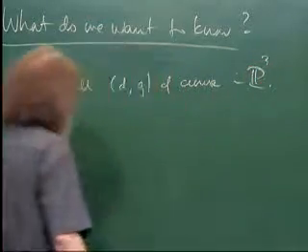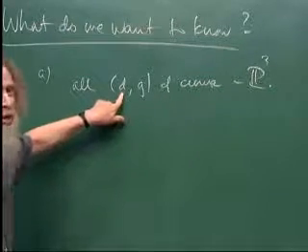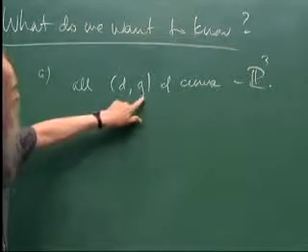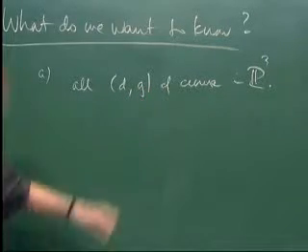What degree and genus are possible? Not all pairs are possible. For example, the degree has to be a positive integer. It can't be negative. If the curve is irreducible and non-singular, the genus has to be non-negative. So that's already some restriction.